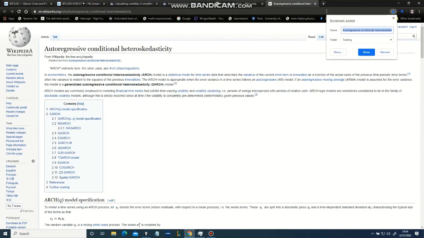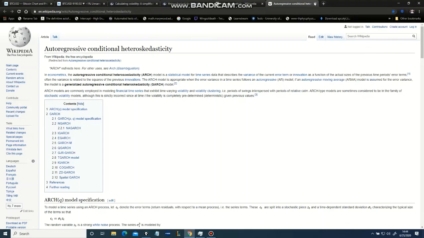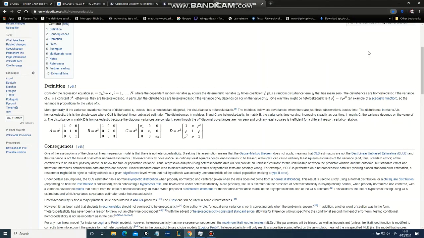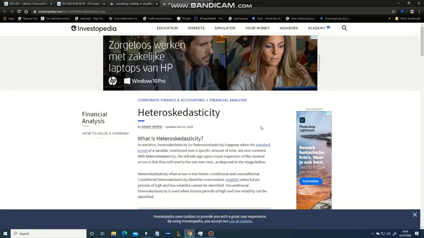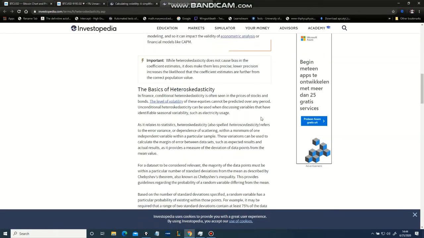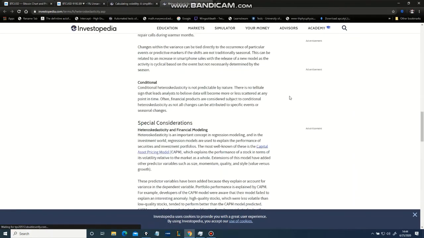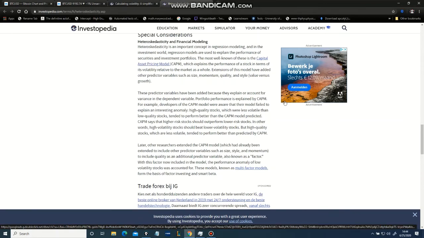Okay, so autoregressive conditional heteroscedasticity. Heteroscedasticity, okay. Moving over time. Special considerations.